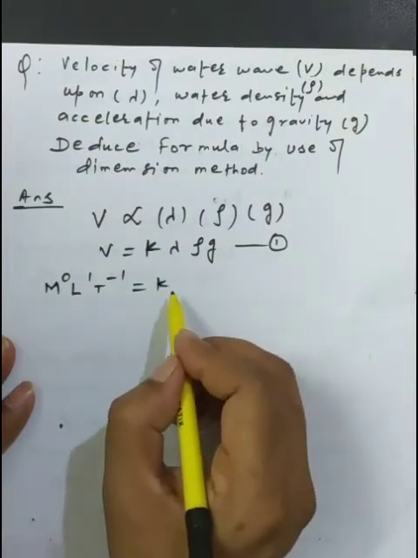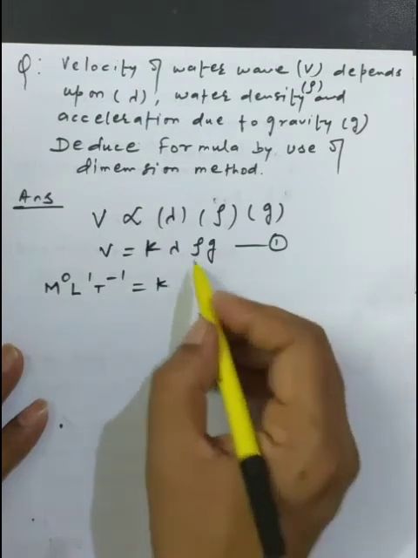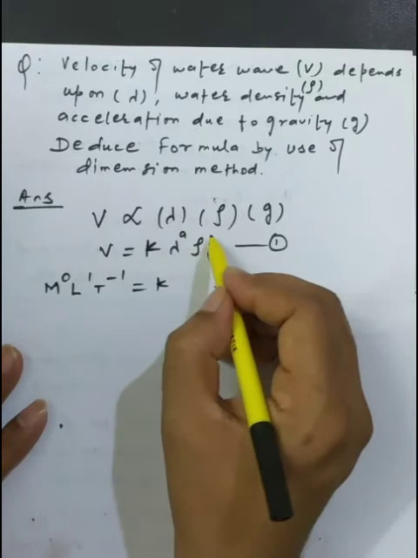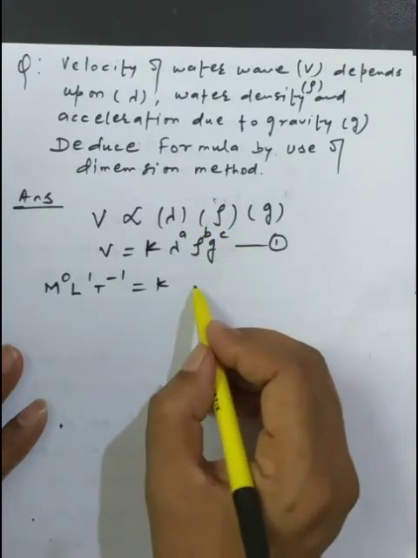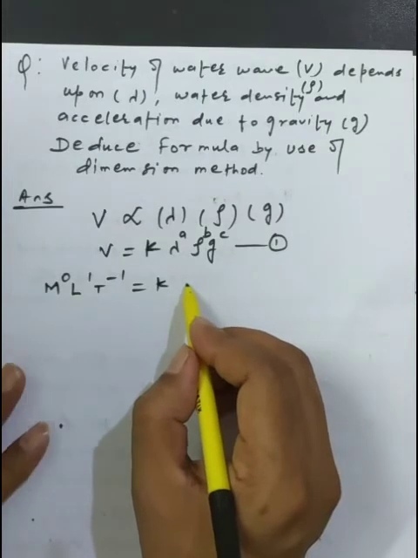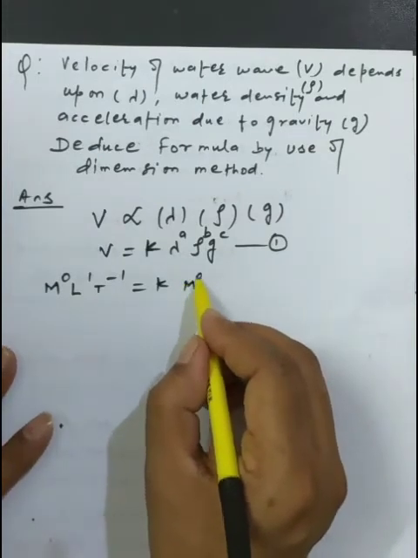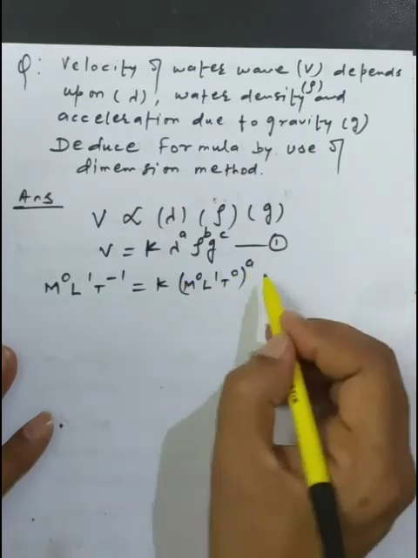Along with the constant k, which has no dimensions, I put the power of lambda as a, density as b, and g as c. Wavelength is simply a length, so it has dimensions M^0 L^1 T^0, with the power of a.